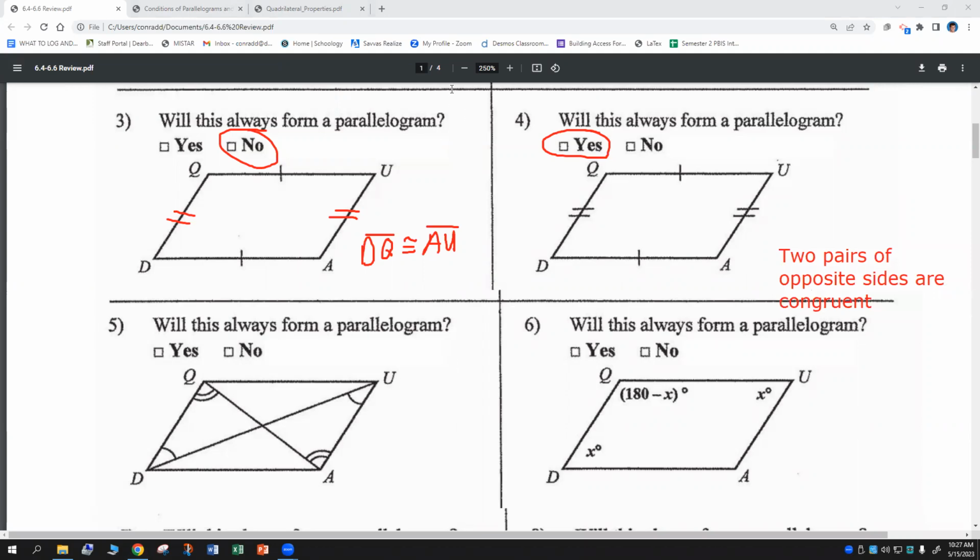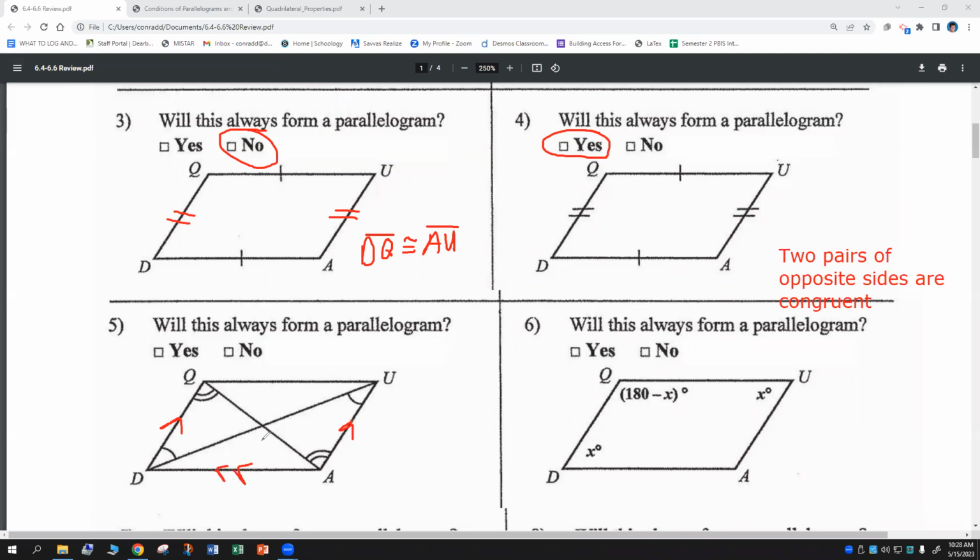All right. Number 5, we have alternate interior angles here. We know if alternate interior angles are congruent, the lines are parallel. So we know that DQ is going to be parallel to AU. But that's not going to be enough. We're going to need a second pair of parallel sides.